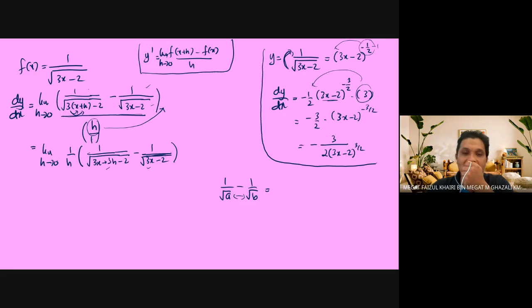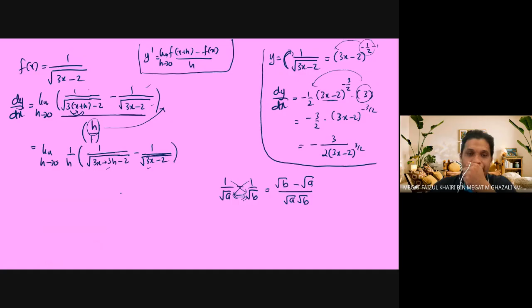So if square root of a is multiplied with square root of b, 1 will also multiply with square root of b here, and square root of b multiplied with square root of a, so this one is also multiplied with square root of a. So we give you square root of b minus square root of a divided by square root of a square root of b.